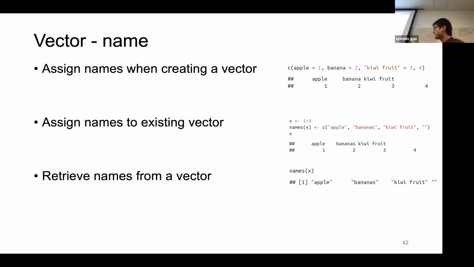If you already have the vector but want to assign names to it, you can use the names function, simply names of the vector, and then assign the name vector. If you want to retrieve the names from a vector, you again just use the names function, and you can get the names correspondingly.